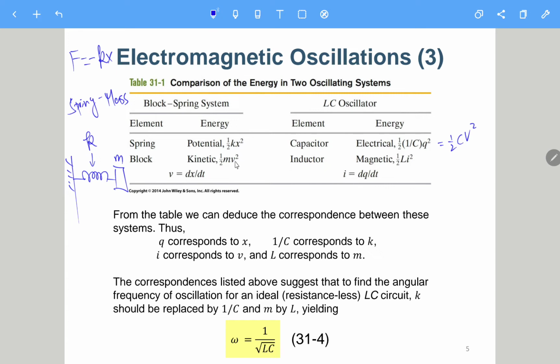Here you can see x and v, and the relationship between them is the first derivative.